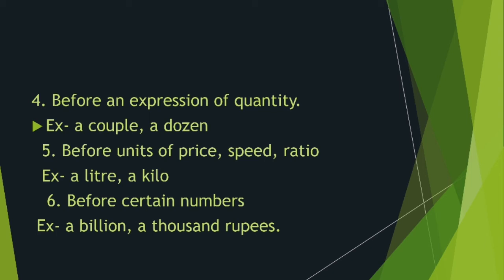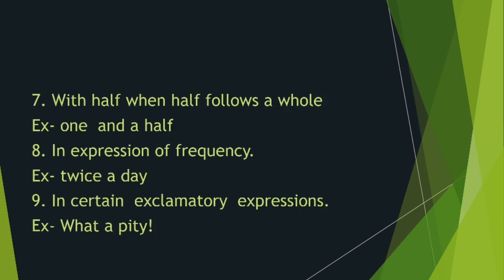Two. Before units of price, speed, ratio. Like a litre. A kilo. Before certain numbers like a billion, a thousand rupees. These are the uses of a and an. Okay. With half, when half follows a whole. That means 1.5. Okay.